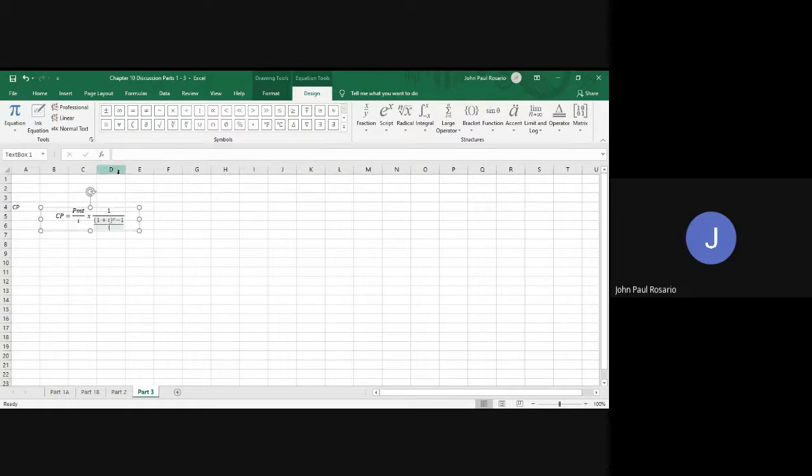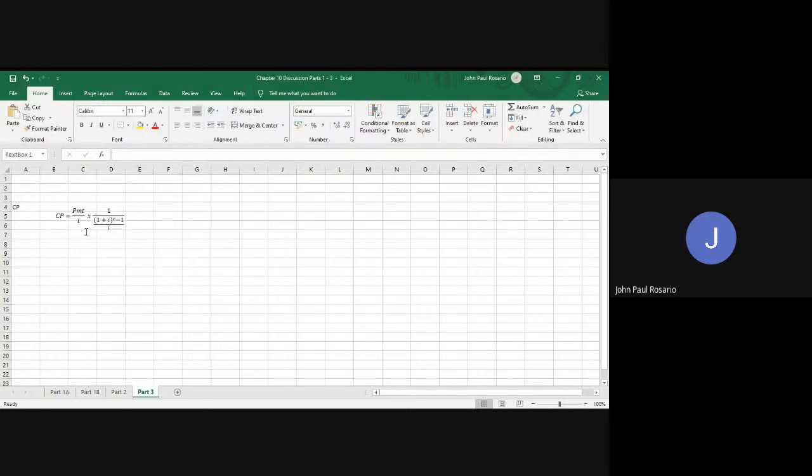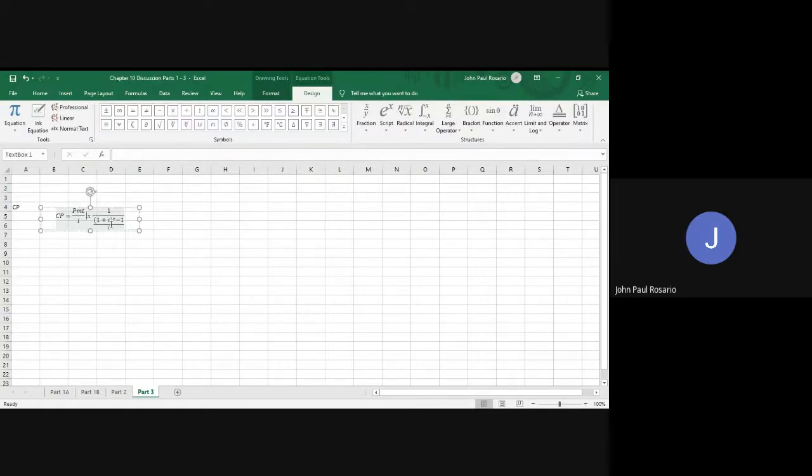Okay, so to simplify this formula, we can invert this, and then it will now become 1 plus I over 1 plus I to the power of C minus 1, or simply this one.